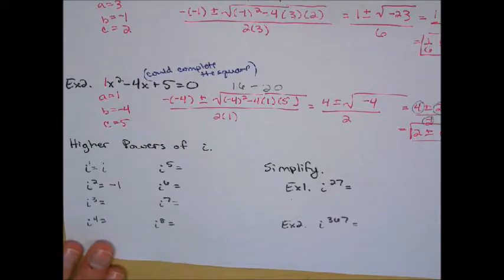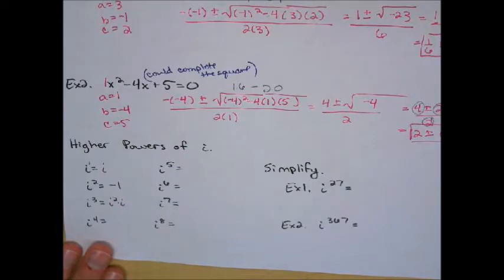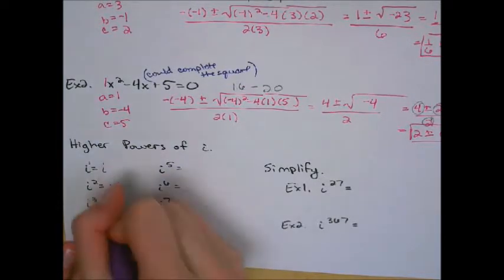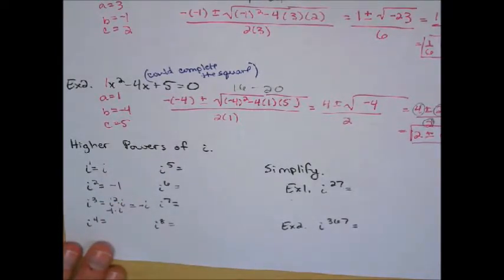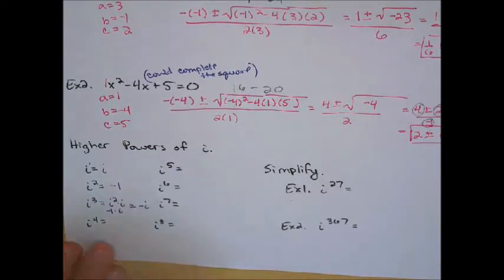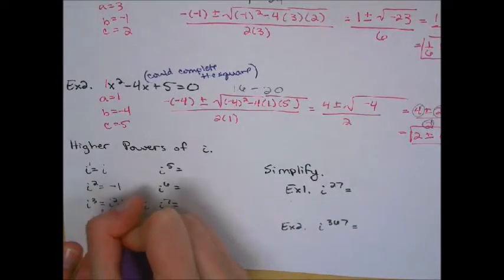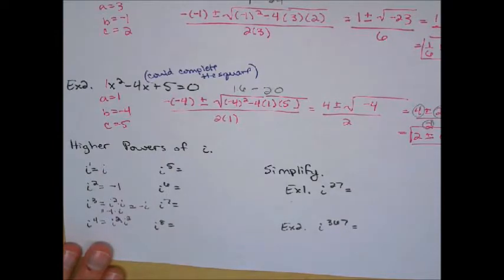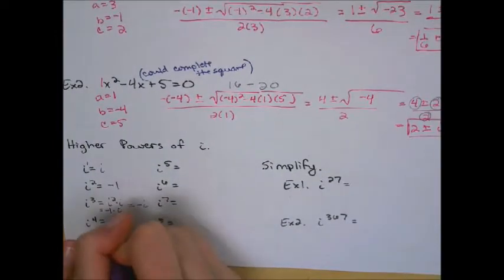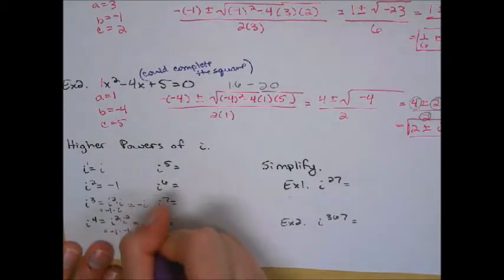I to the third, well, that's I squared times I. I squared is negative 1 times I. So that's negative I. I to the fourth is I squared times I squared. That's negative 1 times negative 1. This is 1.